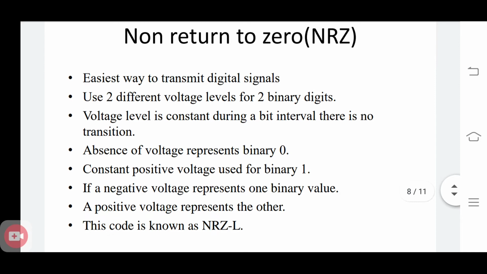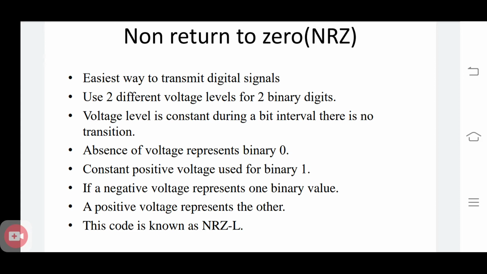So first we have the non-return to zero or NRZ encoding mechanism. It is the easiest way to transmit digital signals. Here we are using 2 different voltage levels for 2 binary digits. So you can set binary 0 as absence of voltage, and binary 1 as a positive voltage.